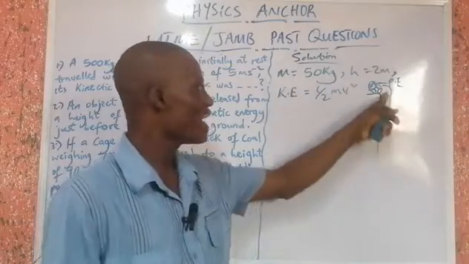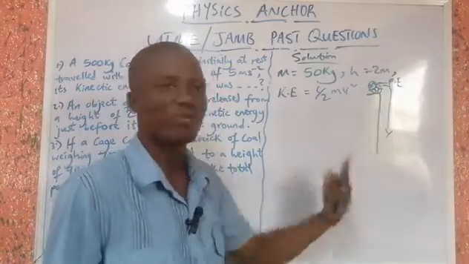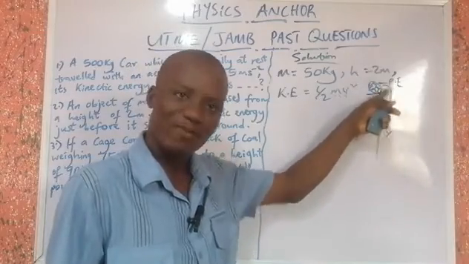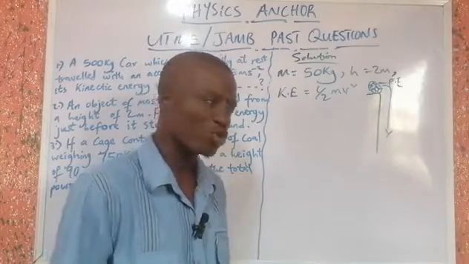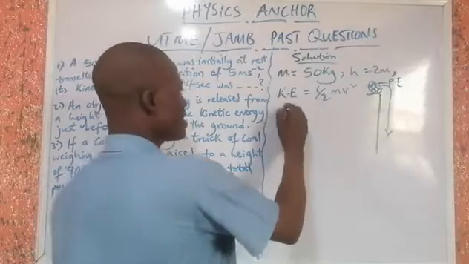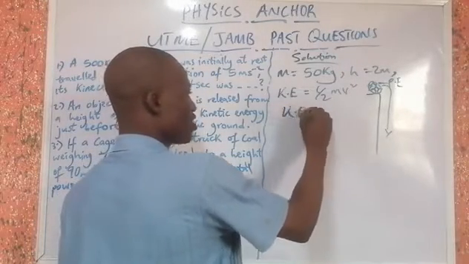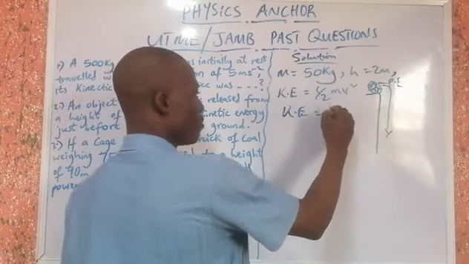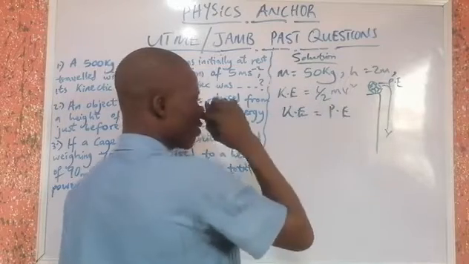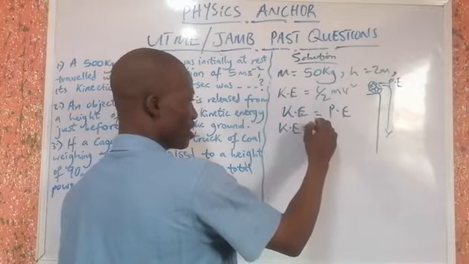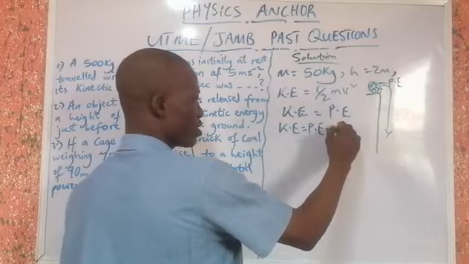No new energy is being formed other than just changing this potential energy so that this ball can be in motion. So the kinetic energy they ask us to find is just the transformation from the potential energy. So we can easily say in this place that the kinetic energy is equal to the potential energy, which is what?